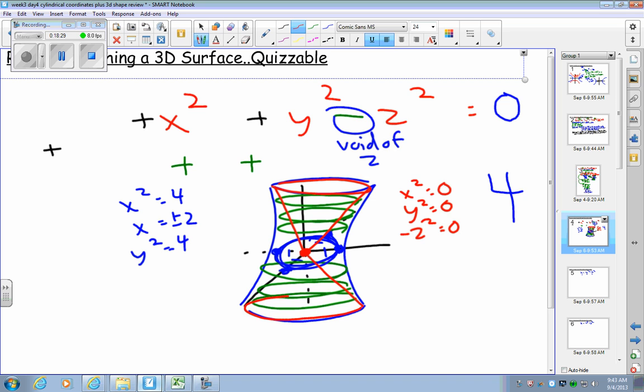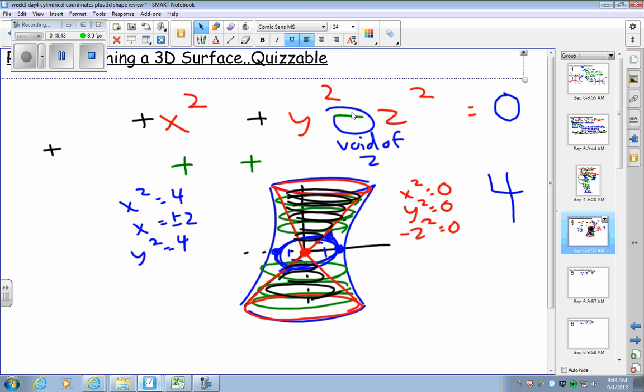The traces are still circles, but there's no curve to it anymore as it pinched into two cones. So that's good to see that part of it as well.